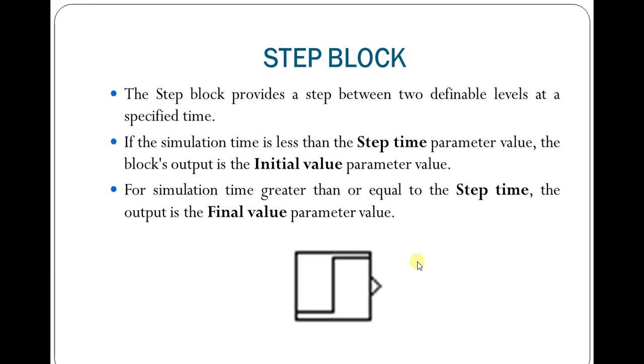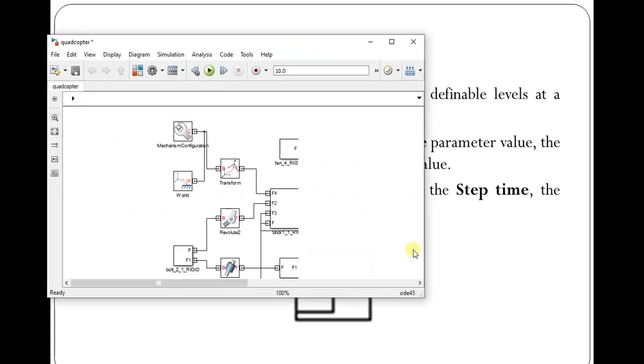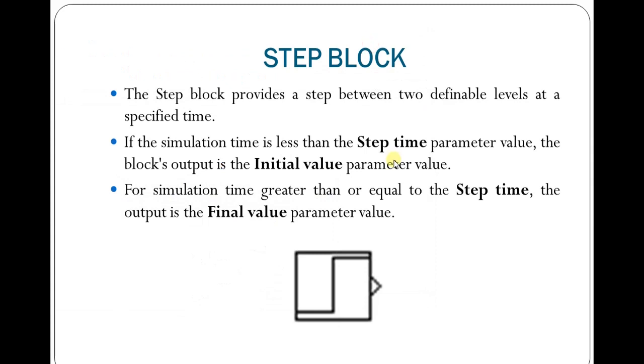So if the lower value is 1 and the higher value is 2, the step block will increase the value from 1 to 2 with time.